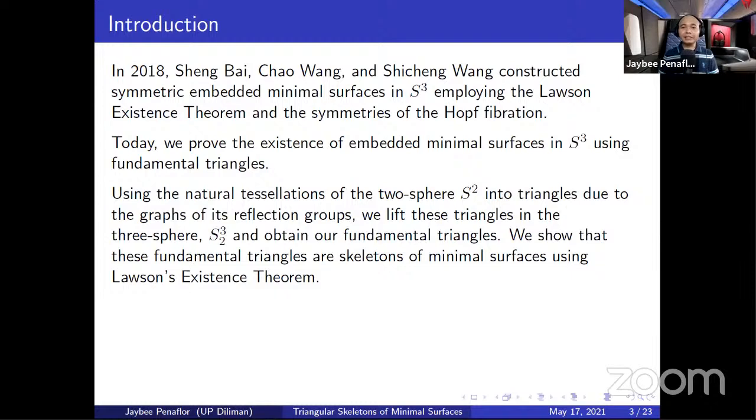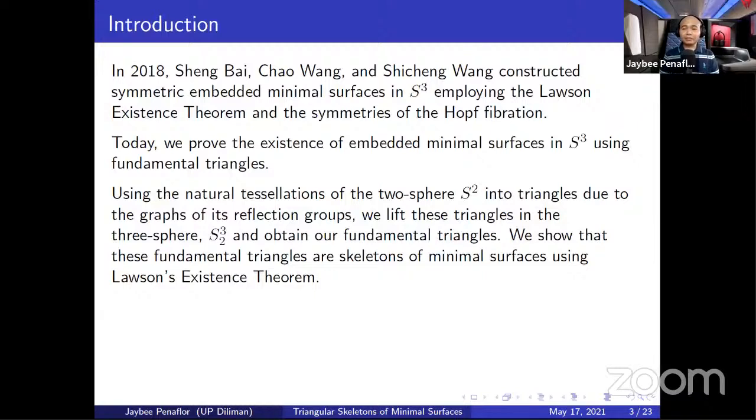We are tessellating the sphere into triangles, and the reason why we are able to create these tessellations is because of the graphs of the 5 reflection groups in S2. And then we will lift these triangles to the 3-sphere S32. And this will allow us to obtain our fundamental triangles.